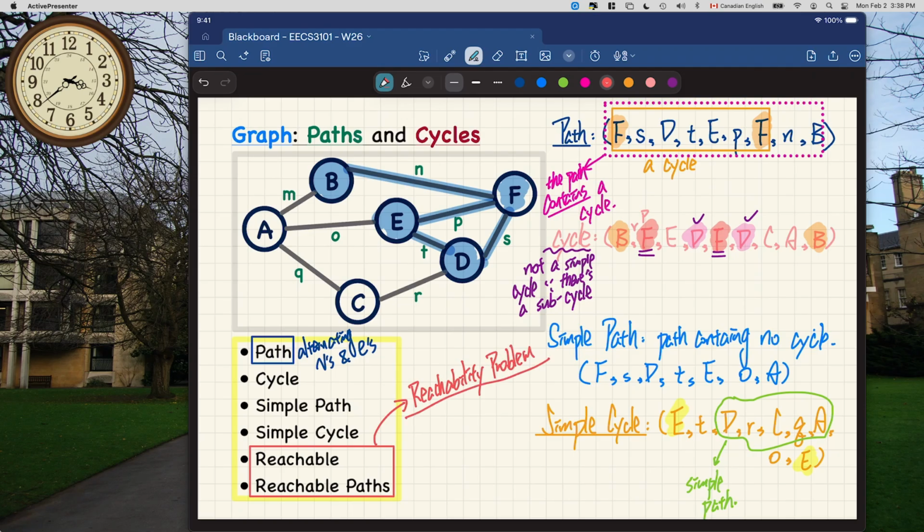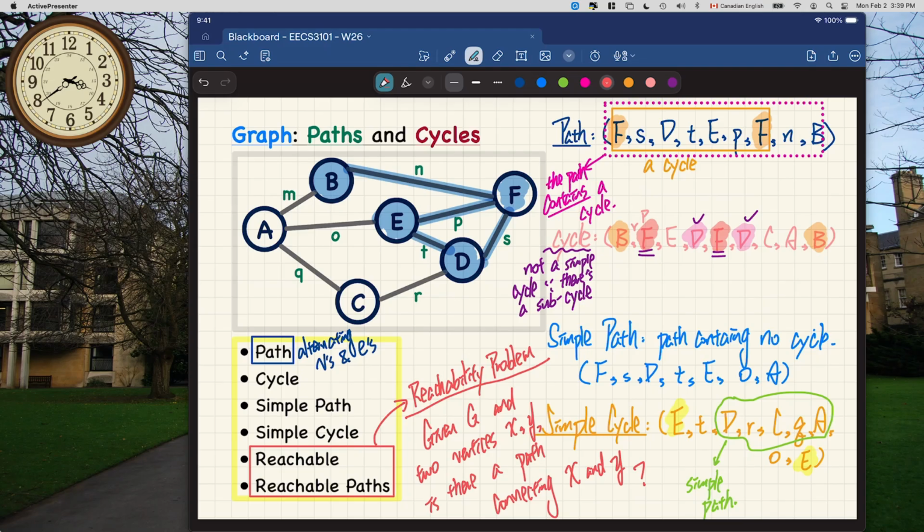You're basically asking, given G and two vertices, let's say X and Y, is there a path connecting X and Y? That's a reachability problem.